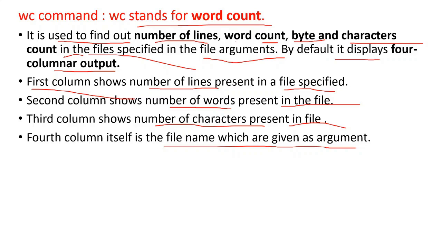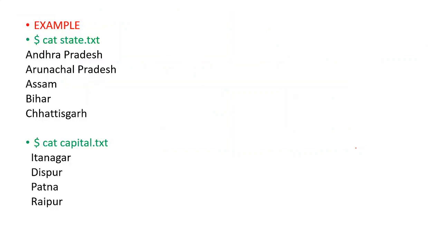Now let us see various examples and the various options which we can use with this WC command. Let us see one example. In a file state.txt the following data is available, and in another file capital.txt the following data is available. Using the cat command, you are displaying the contents of those files.